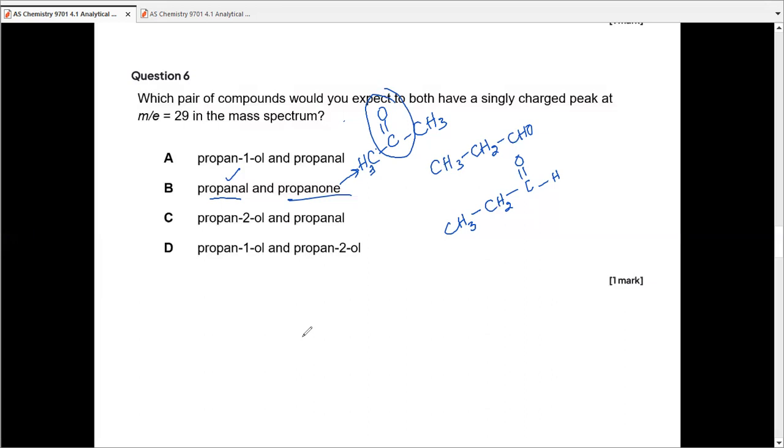And since I've already mentioned, it might be some other fragmented part other than CHO.